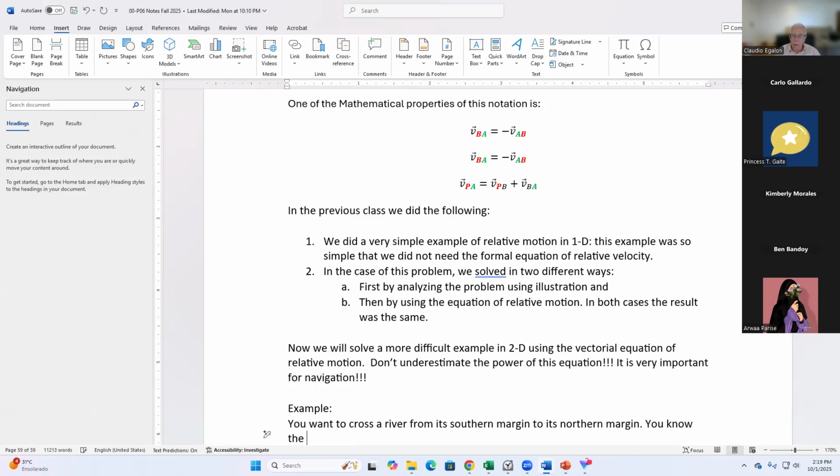You know the water stream runs in the eastern direction.